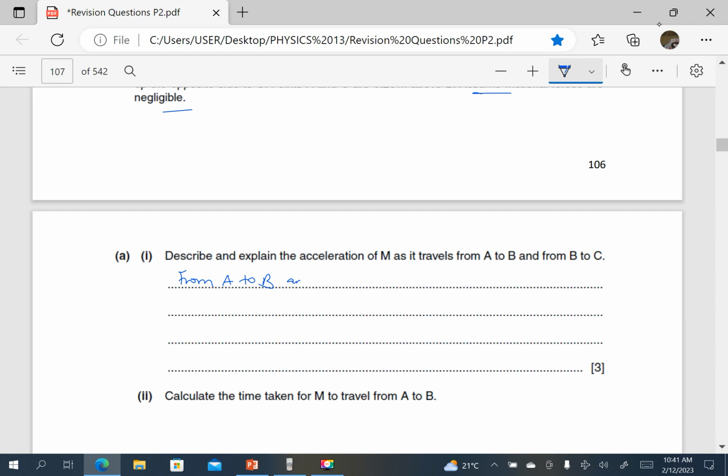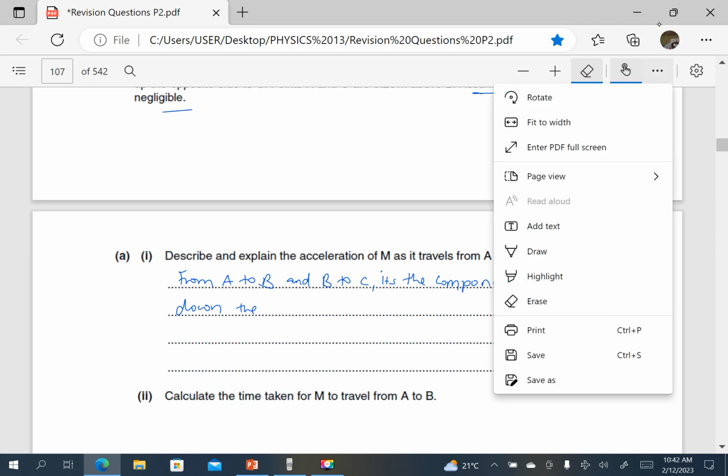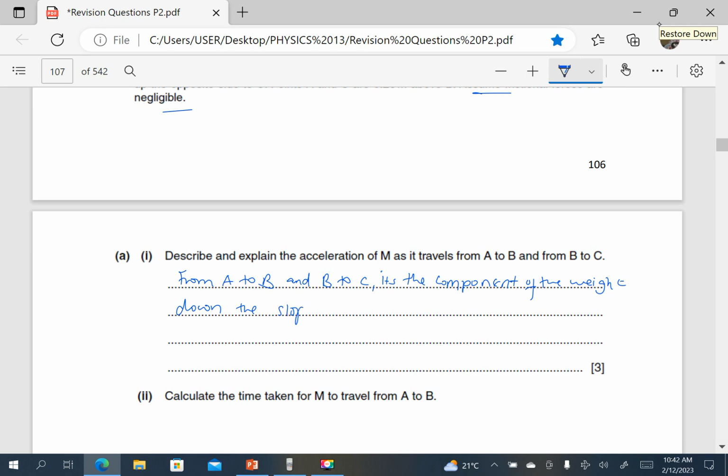From A to B and B to C, it's actually the component of the weight down the slope which provides the acceleration.